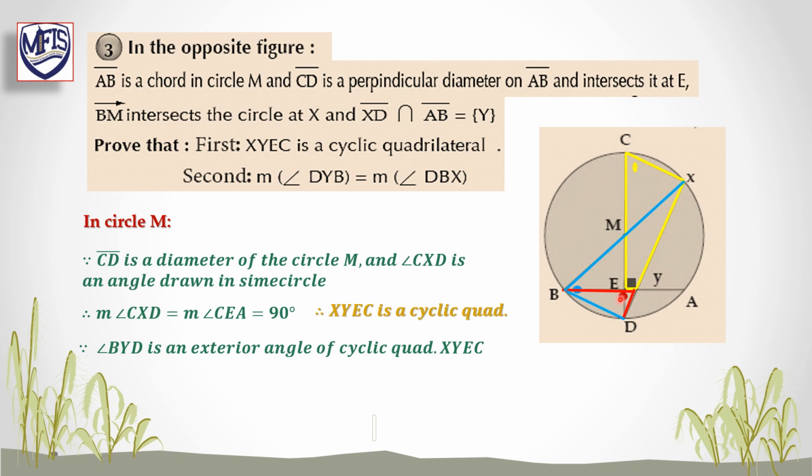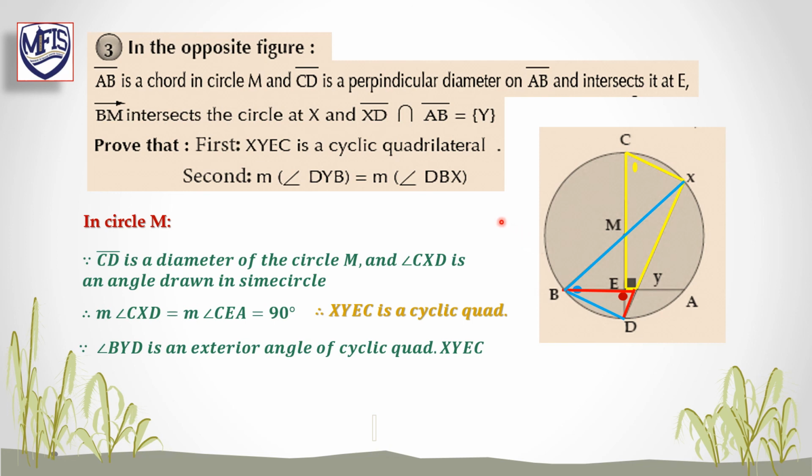Then the measure of the red angle equals the measure of the yellow angle, measure angle C. Now, the yellow angle, angle C, equals the red angle, the exterior angle, and also angle C equals angle XBD. Therefore, measure angle DYB equals measure angle XBD. The red one equals yellow equals the blue one.